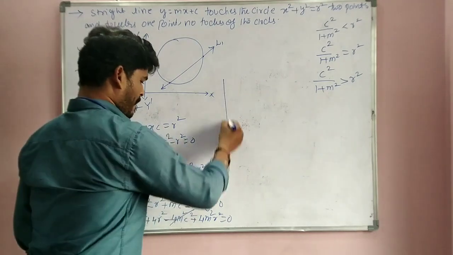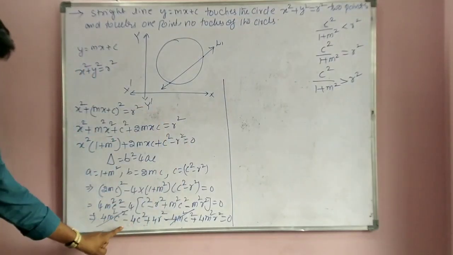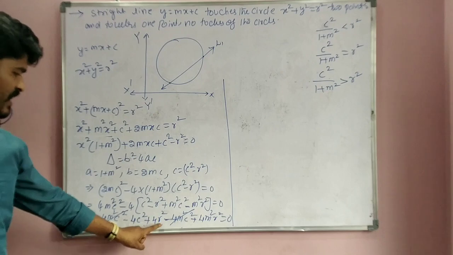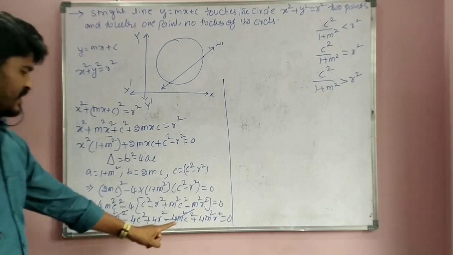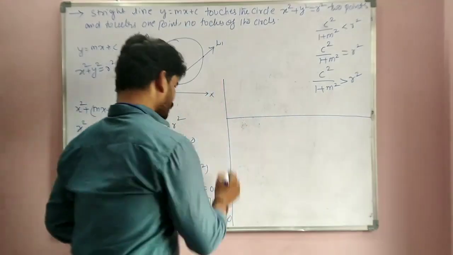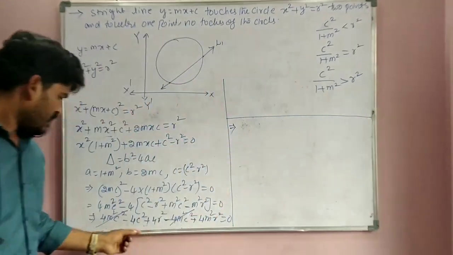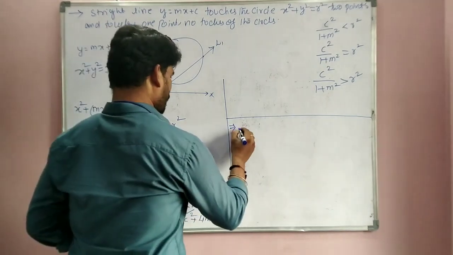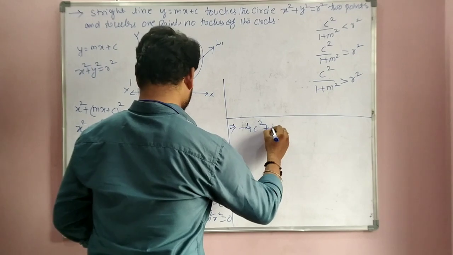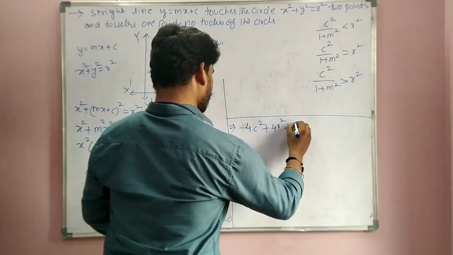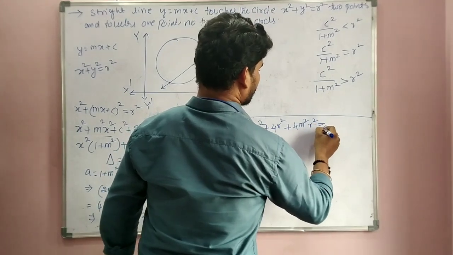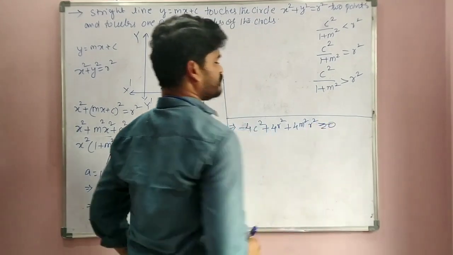Next one, 4m square c square minus 4c square plus 4r square, the 4m square c square terms are cancelled. We will get minus 4c square plus 4r square plus 4m square r square greater than or equal to 0.